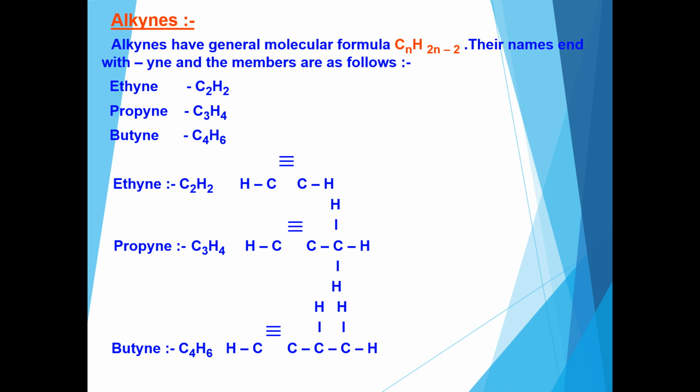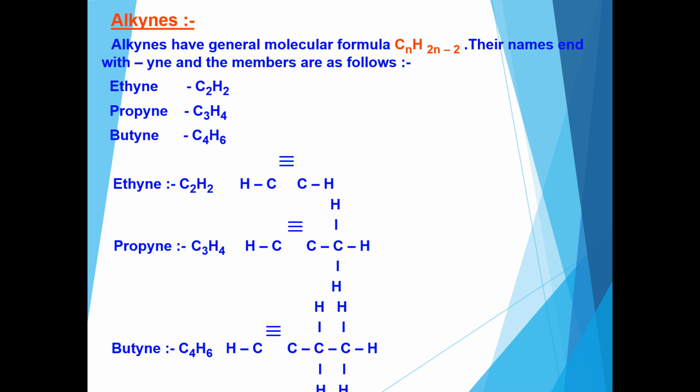In the butyne formula you can see carbon triple bond carbon, single bond carbon, single bond carbon. And first carbon is attached to 1 hydrogen, second with no hydrogen, third with 2 hydrogens, and the fourth one with 3 hydrogen atoms. So this way alkynes are formed.